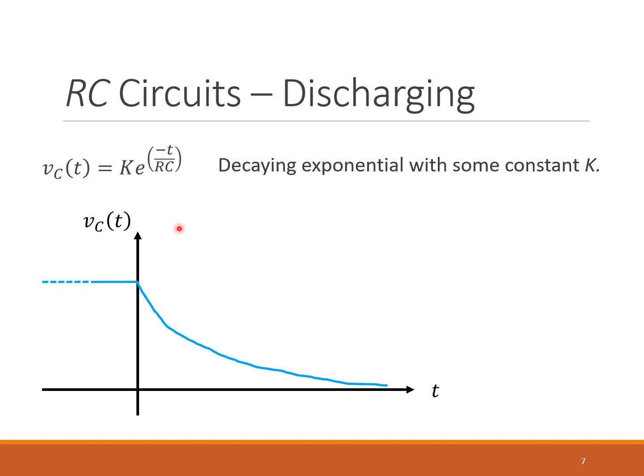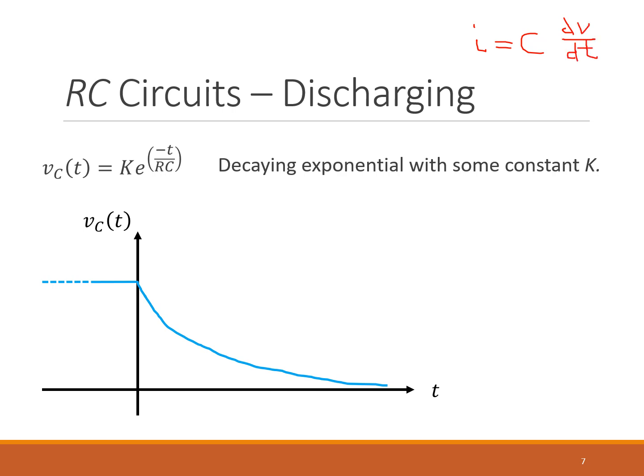It's worth noting, recall that our capacitor voltage needs to be continuous. So we said for our capacitor, we have I equals C dV/dt.